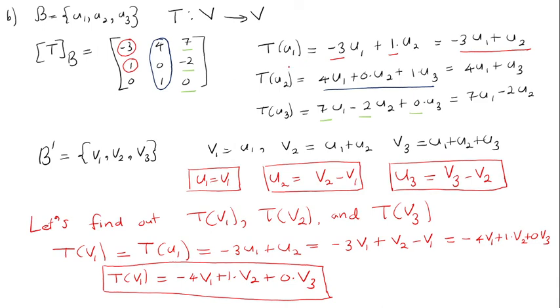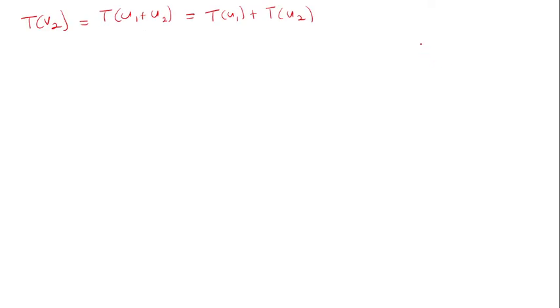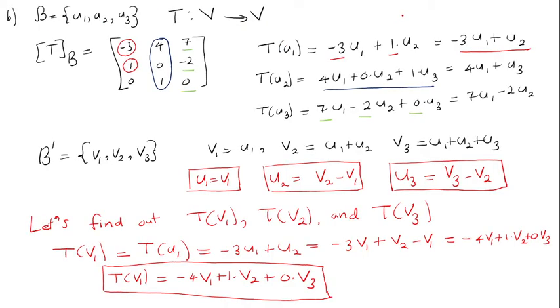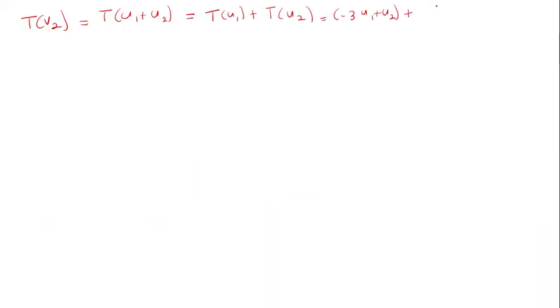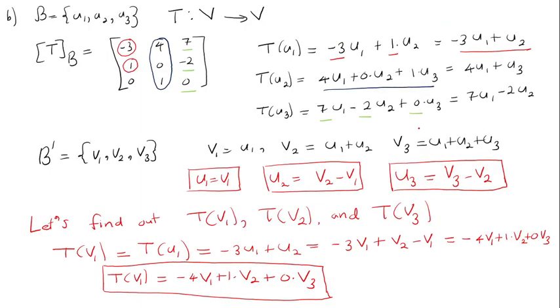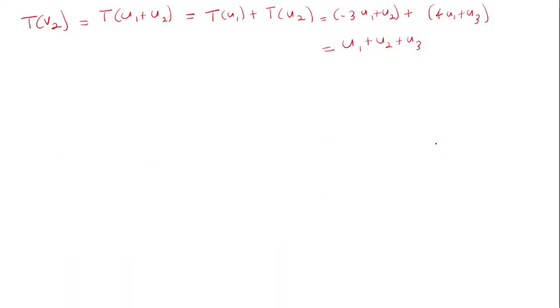I know what TU1 and TU2 are: TU1 is minus 3U1 plus U2, and TU2 is 4U1 plus U3, and I will get U1 plus U2 plus U3, and it's clear that U1 plus U2 plus U3 equals V3.